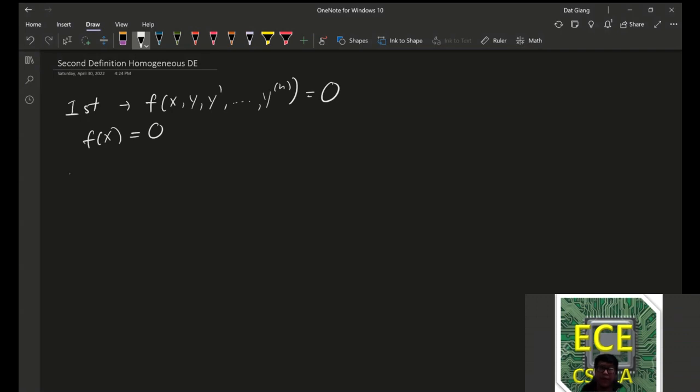Now, the second definition is given by the following: all powers of each term are the same.